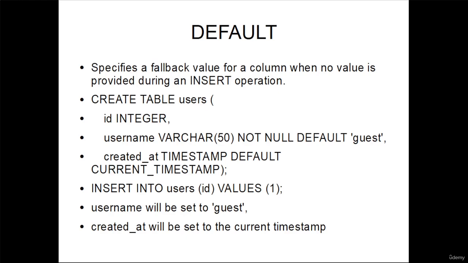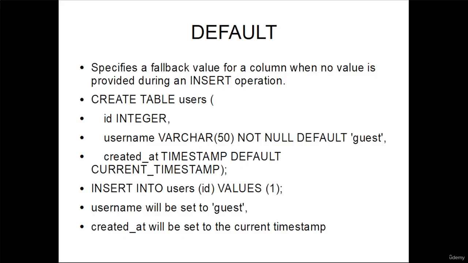Default. The default constraint specifies a fallback value for a column when no value is provided during an insert operation. It is a key feature for ensuring data consistency and avoiding errors, especially when combined with not null. This constraint is supported across major database systems like MySQL, MariaDB, SQLite, Postgres, and SQL Server, though implementation details vary.